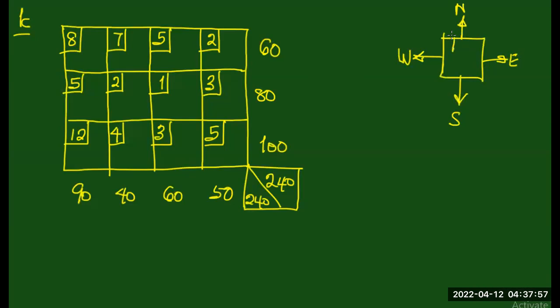There are 4 corners in this box. So this is the northwest corner. The northwest corner simply means the top left corner. So in this box, the northwest corner is this box here. So we are going to begin with this.